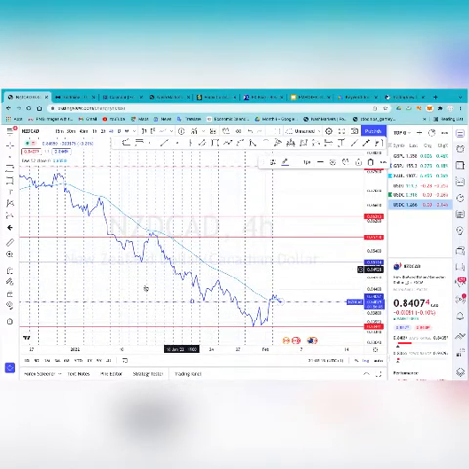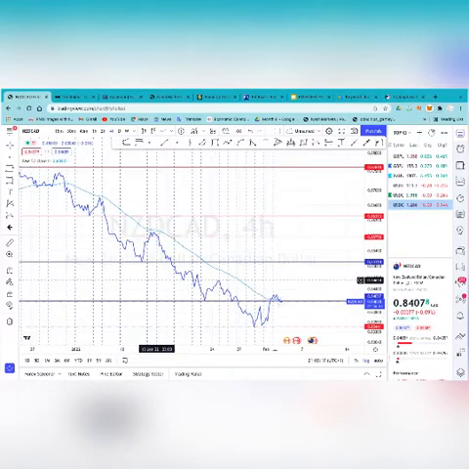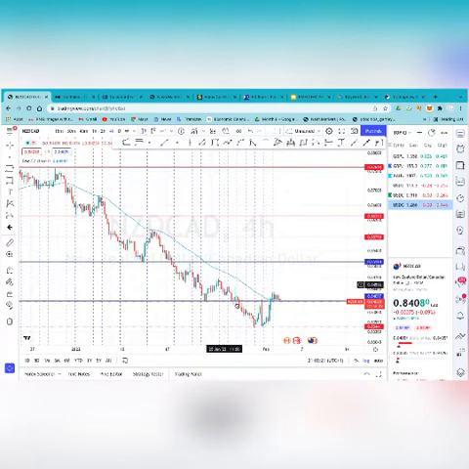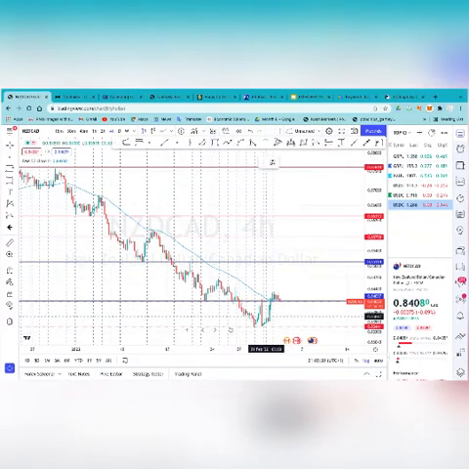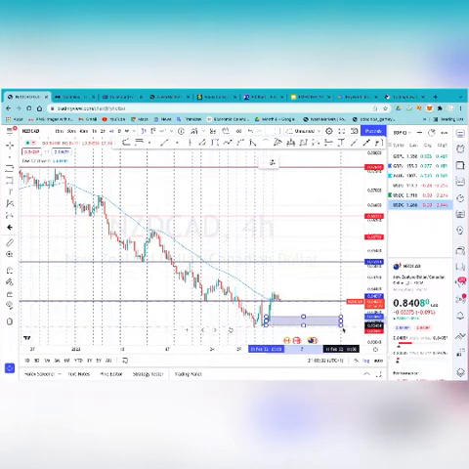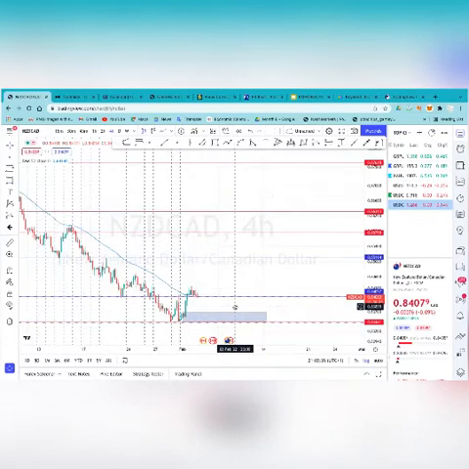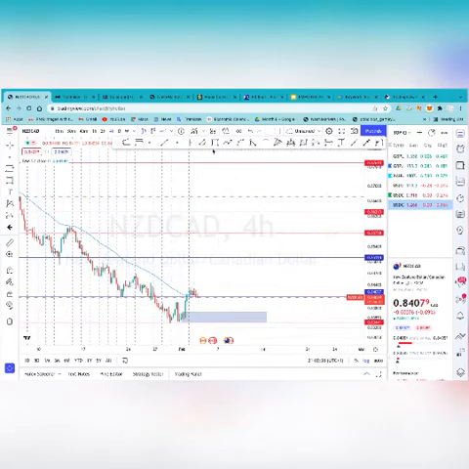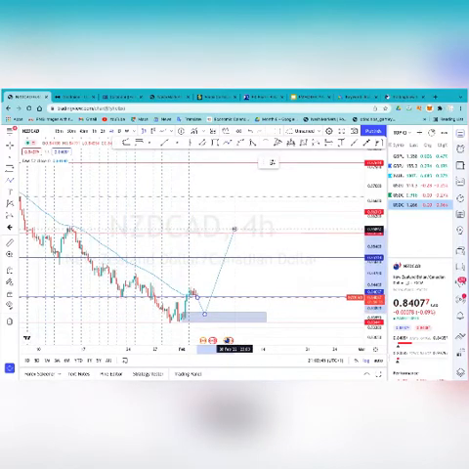On NZD CAD, most likely I'm seeing a buy. But let me watch out for this level here because I'm seeing structure being violated. Let me watch out for this demand level here. What I'm expecting now is this market should do something like this and rise.